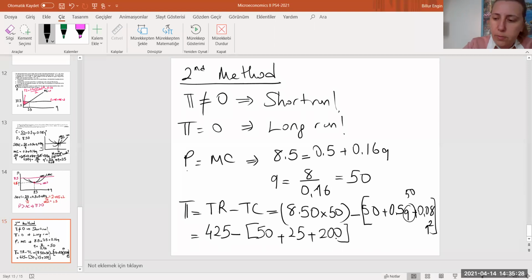So the profit of the firm is 425 minus 275, which is 150. Greater than 0. So because the profit is greater than 0, then we can conclude that this firm will earn positive profit, and it's working in the short run, we can say.